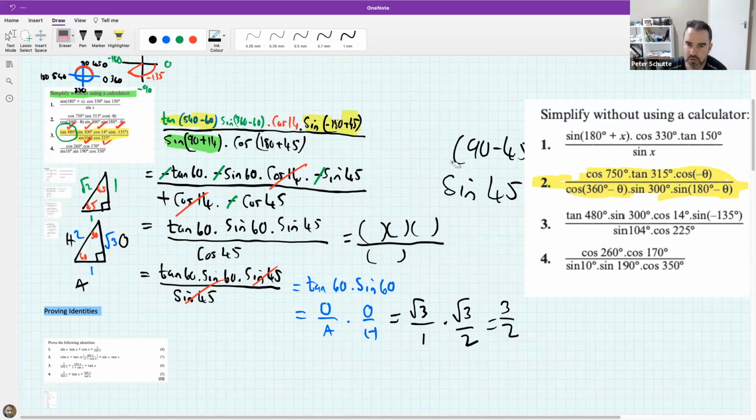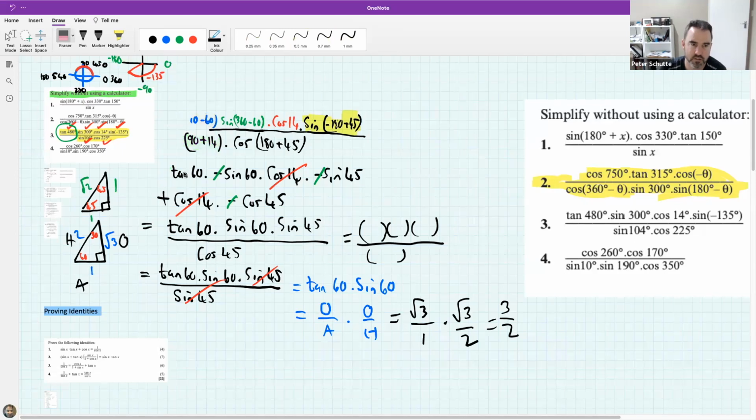Okay, I'm going to clean my board. So if you need to take a screenshot, take it now, but otherwise I'm making the stuff disappear.